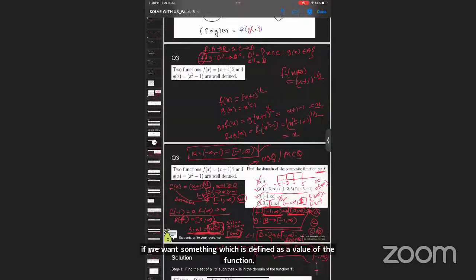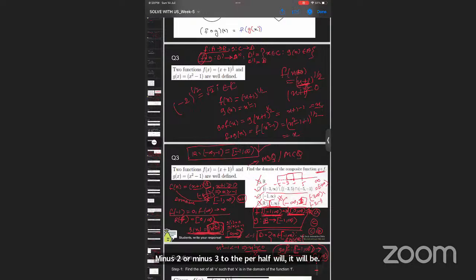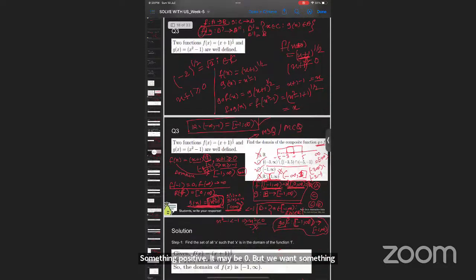If this portion x plus 1 is something negative, then taking the power half of some negative number, like -2 or -3, will give a complex number, like √2 iota. So obviously we need something non-negative. It may be 0, but we want something non-negative, not strictly positive.